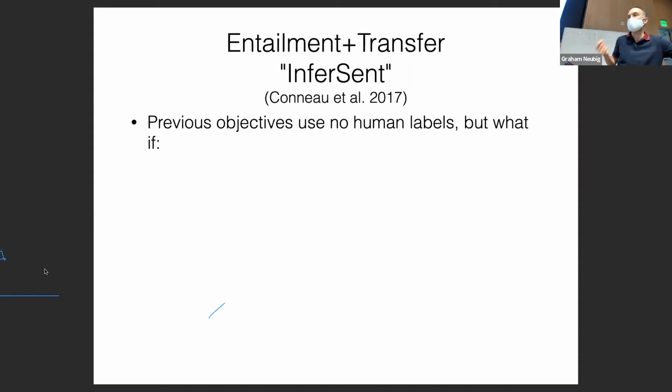Another thing they don't tend to be good at is modeling unusual expressions. Like, for example, if you have a question, yeah, actually there's just a paper at ACL about this.